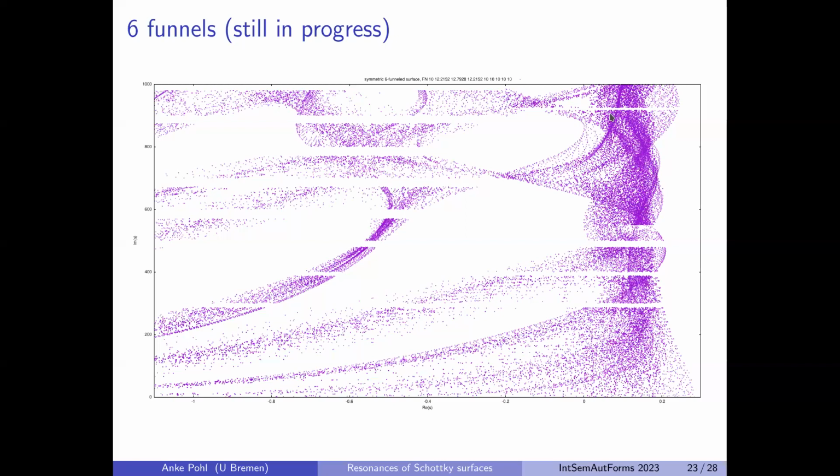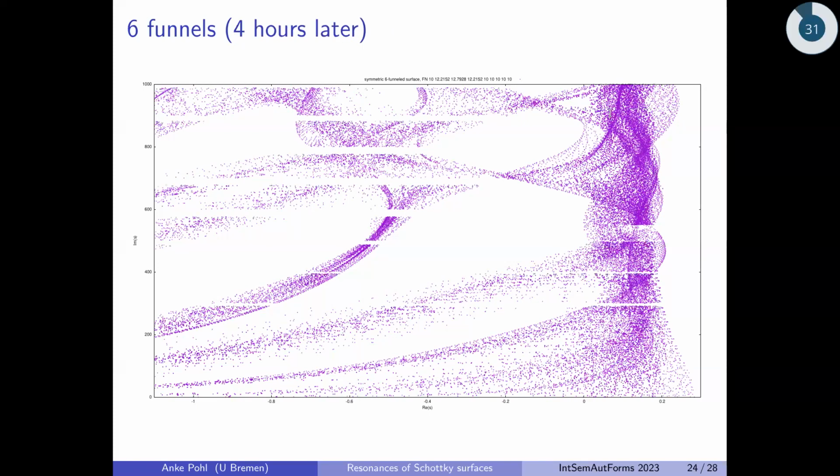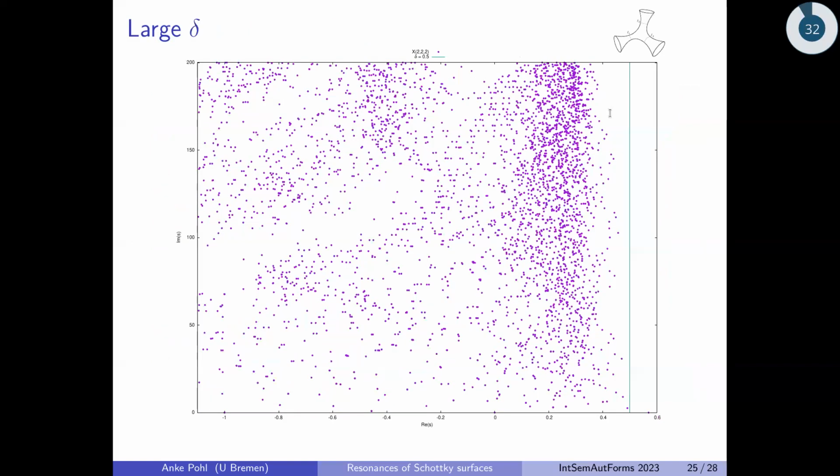And here I would like to show you in terms of pictures what calculation means. We are calculating on a workstation with 16 cores, which is equivalent to 4 laptops. And here you see what we can do in 4 hours. It's still a desktop computer, the computer which is in front of me. So you see algorithms are not too slow, which means within a week you have the full picture done, sometimes even in 2 days.